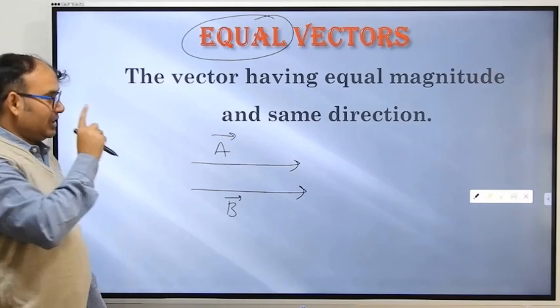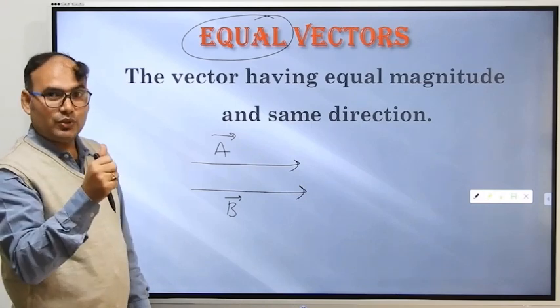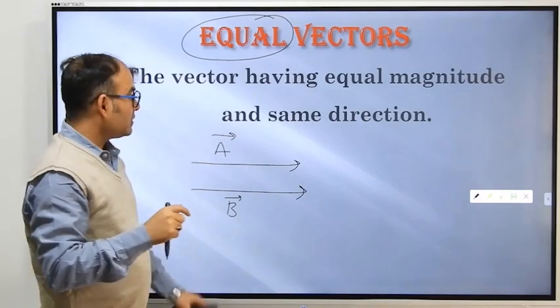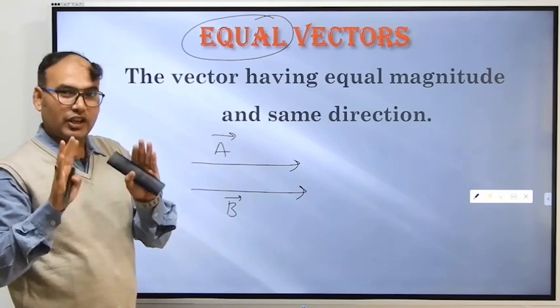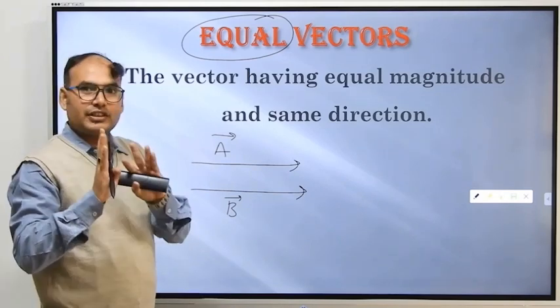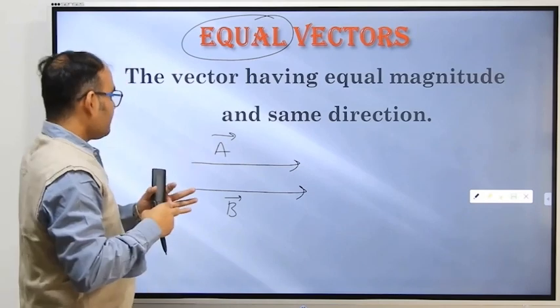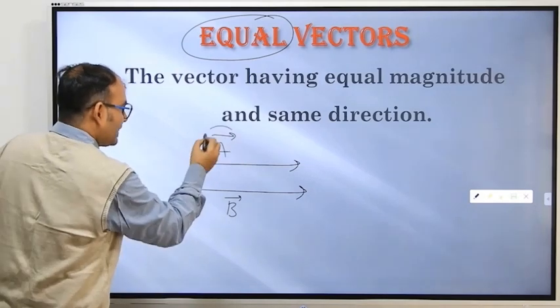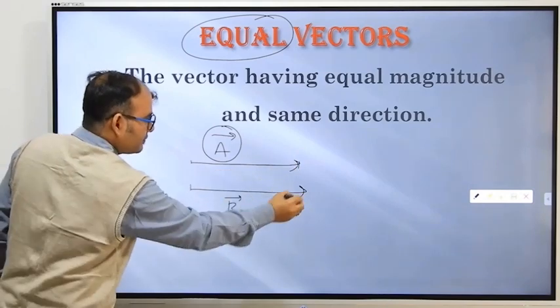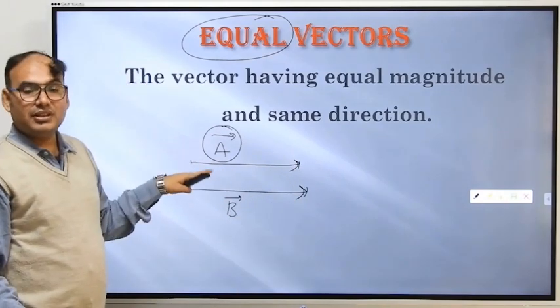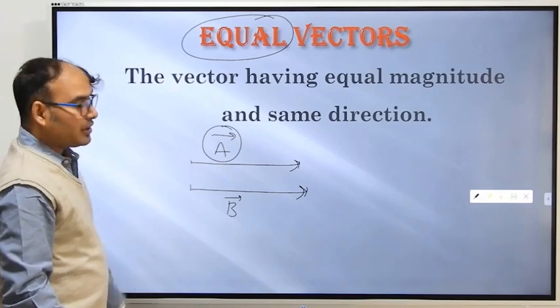In vector, keep in mind, the magnitude is important but more important is the direction. So if you are ignoring any one of them, it will be 100% wrong. So equal vectors means the vectors having same magnitude, right, and same direction. These vectors are called the equal vectors.